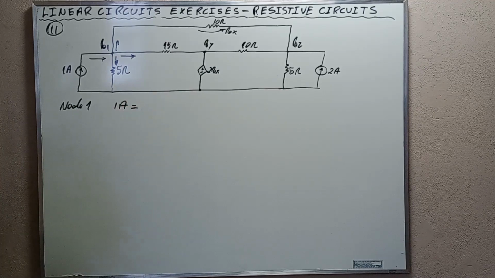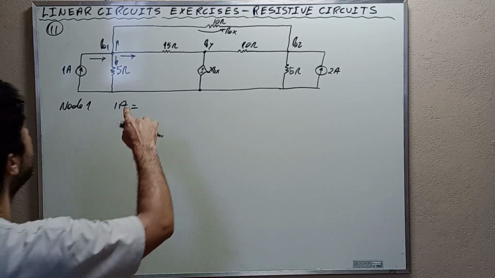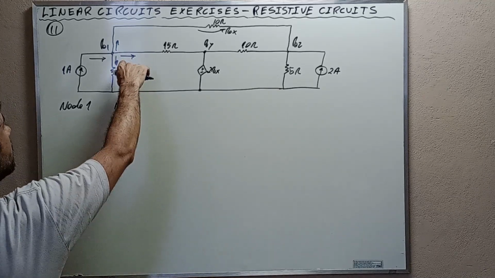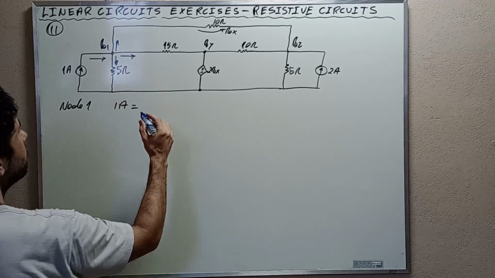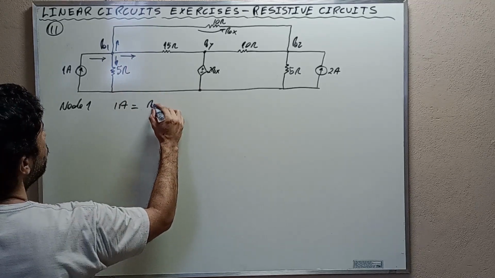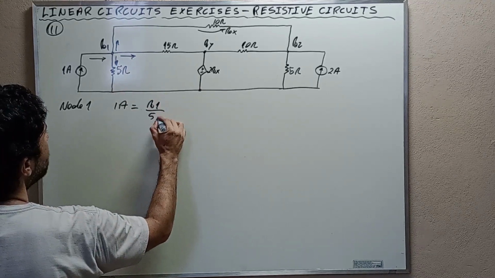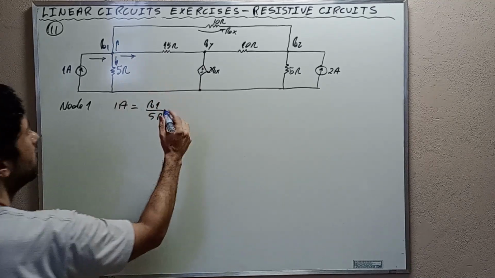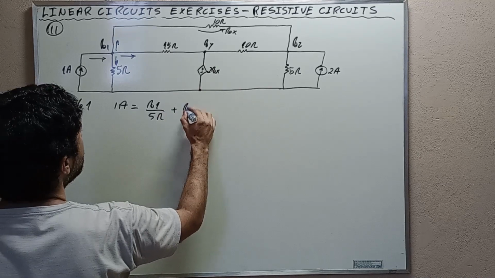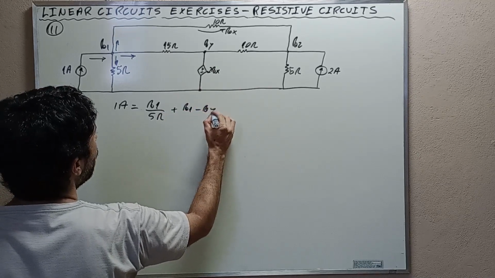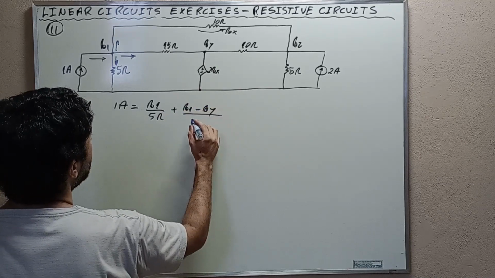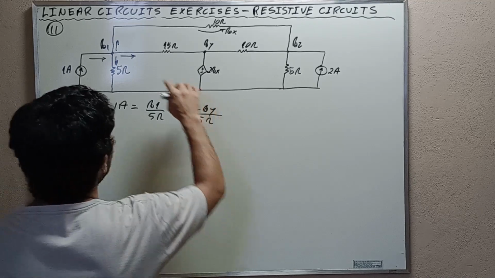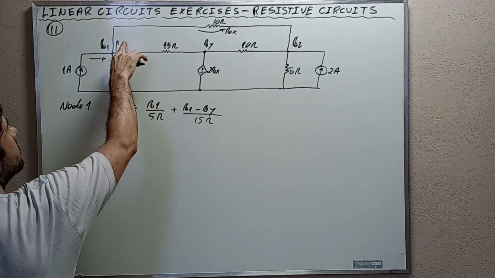And how about the currents that leave the node? We have this current here. Let's work on this current here first. It is going to be V1 divided by 5 ohms, and this current here is going to be V1 minus Vy divided by 15 ohms. And how about this current here?